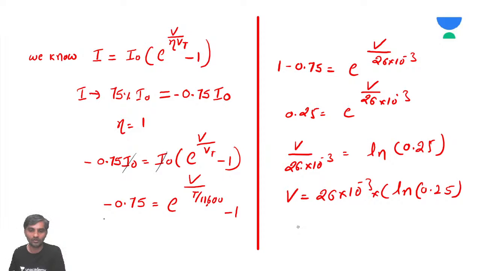Can somebody tell me what the answer will be? Please calculate simply 26 into 10 to the power of minus 3 into the natural logarithm of 0.25.